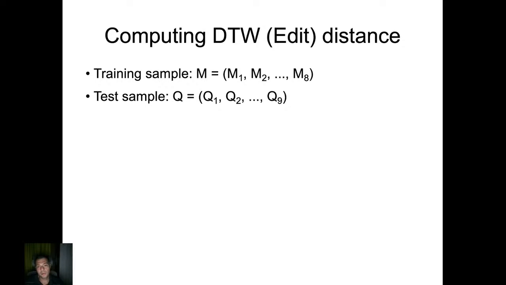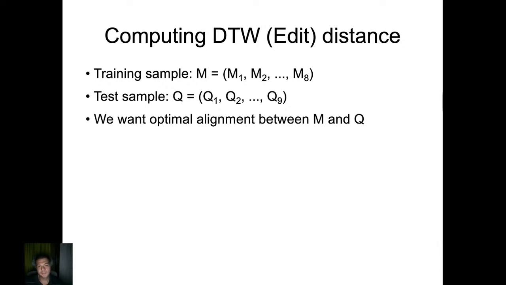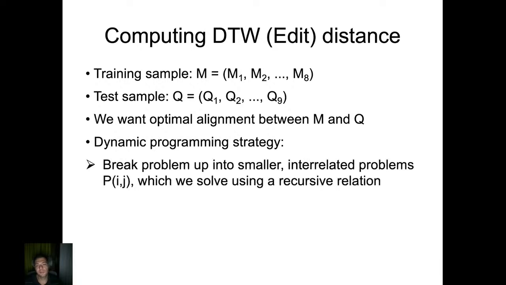So we will use these locations, and the difference between the locations, to compute the difference between hand locations. Okay, so we have the training sample, the test sample, and we want to obtain the optimal alignment.